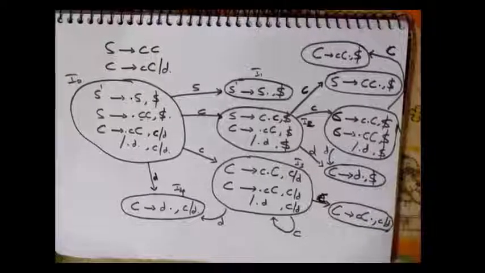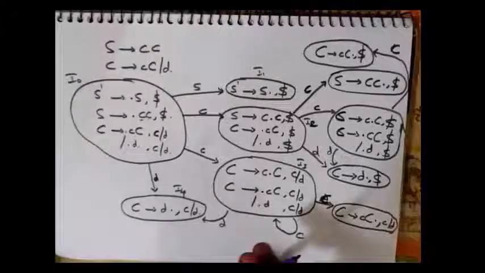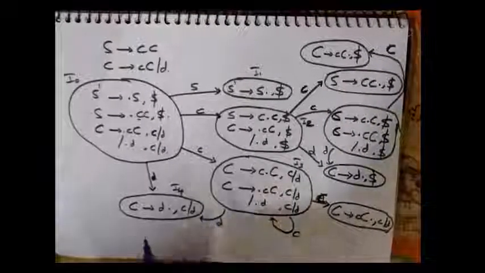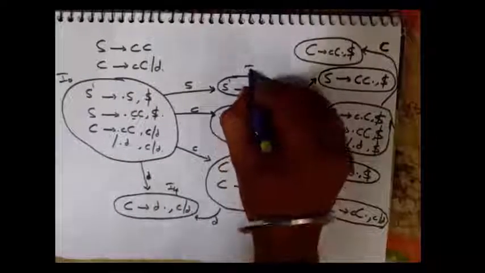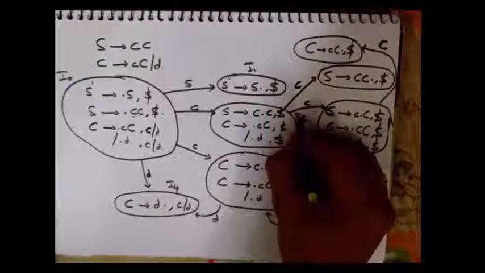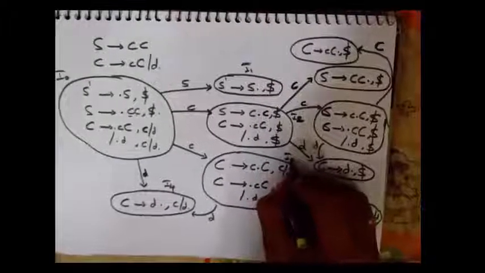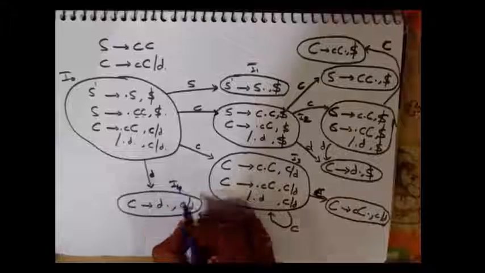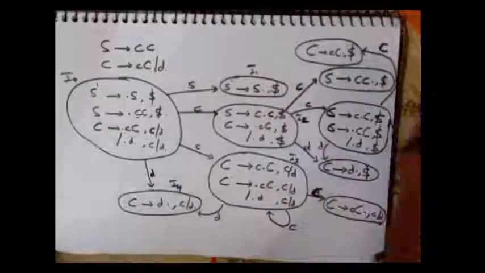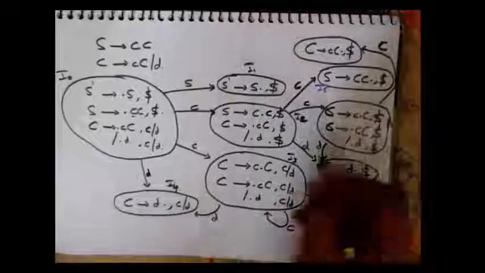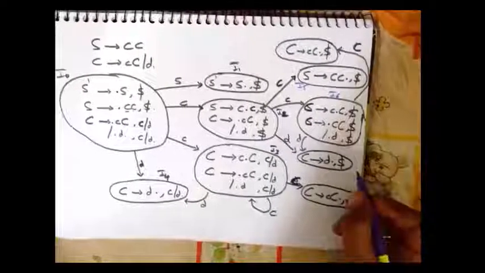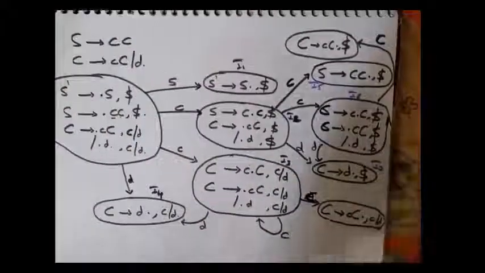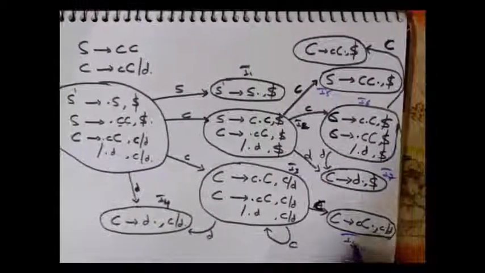Through this we can construct the canonical parsing table. We'll just give the numberings for all the states. Let it be I0, I1, I2, I3, I4, I5, I6, I7, I8, and I9.